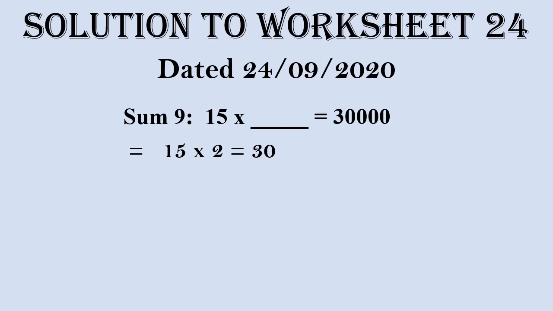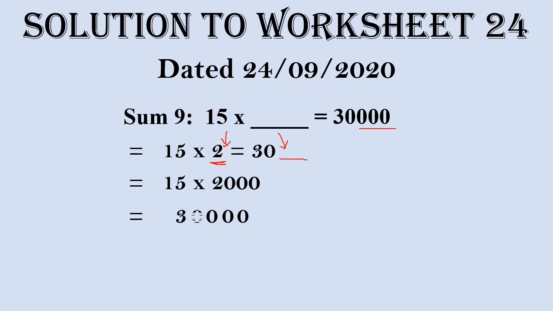So what kind of digits do I have to put along with 2 to get 30,000? How many zeros are there here? There are 3 zeros. So I'll put the 3 zeros over here, and when I multiply, they will automatically come in this place. So it will be 15 into 2000 is equal to 30,000.